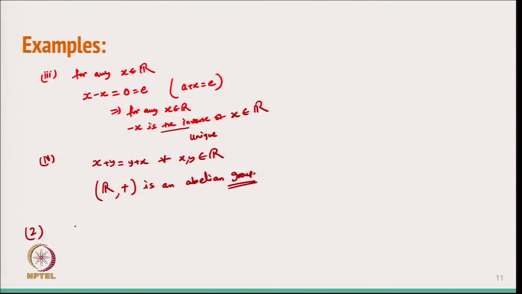So, I have to take the set of real numbers minus the 0 element I am defining. So, E is my 0 here.